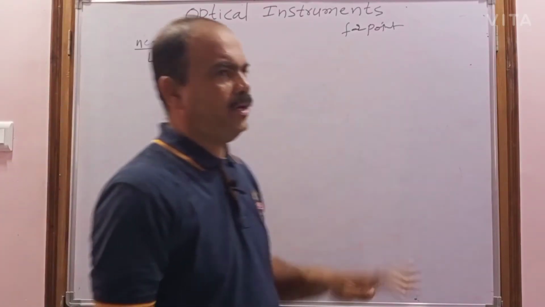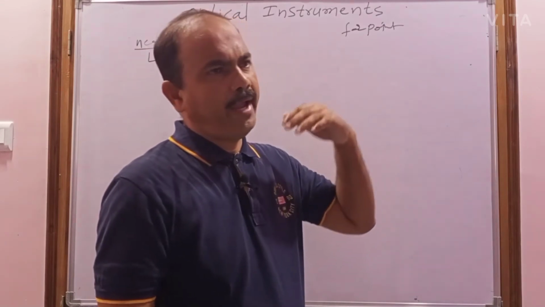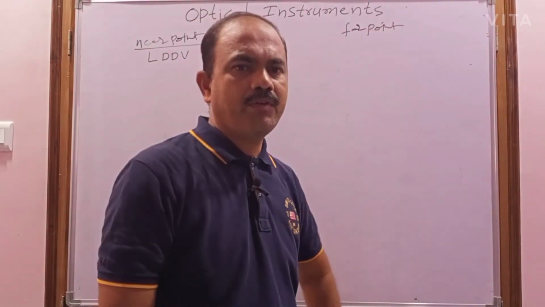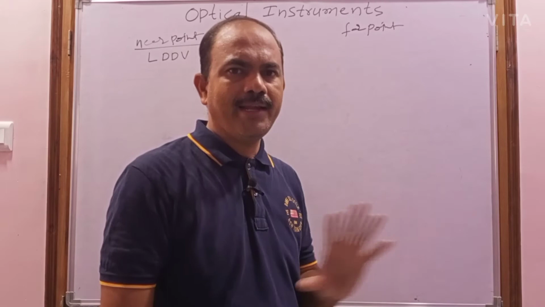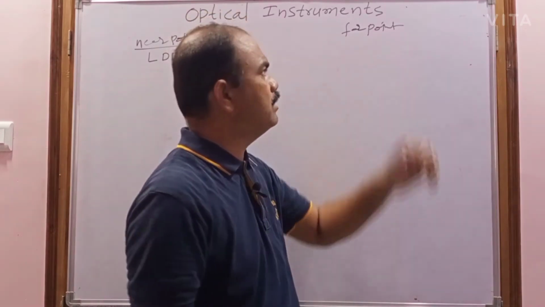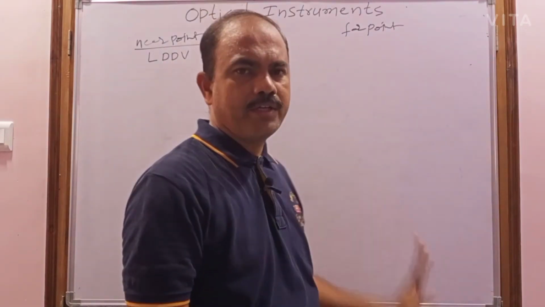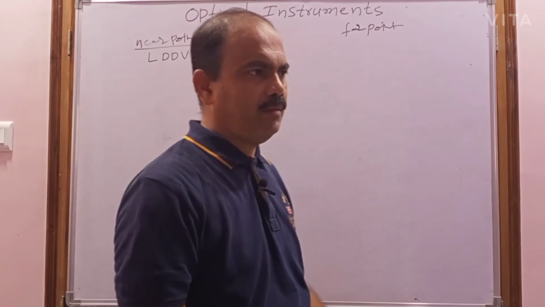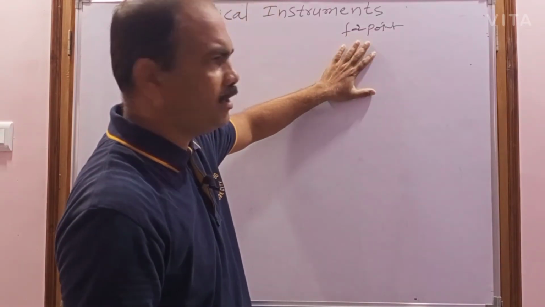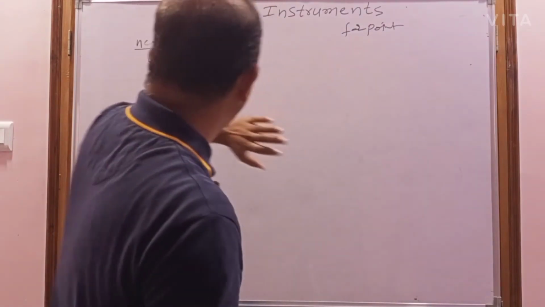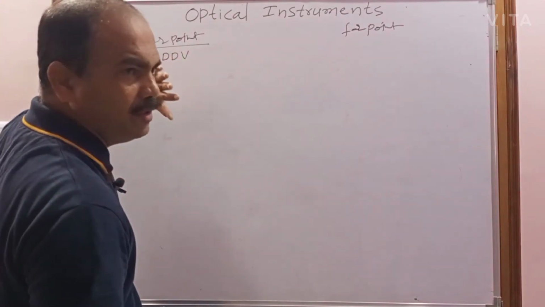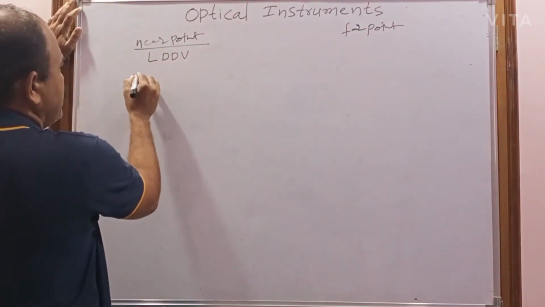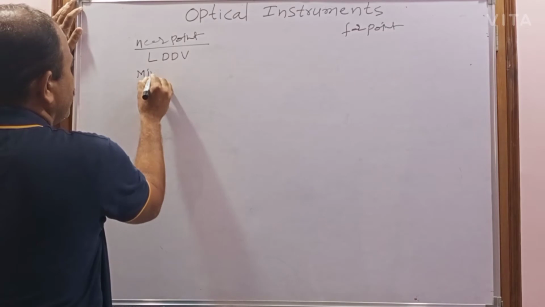The far point is the maximum object distance at which we can see the object clearly and comfortably, that is the far point distance. The far point is the maximum object distance, and the near point is the minimum object distance.